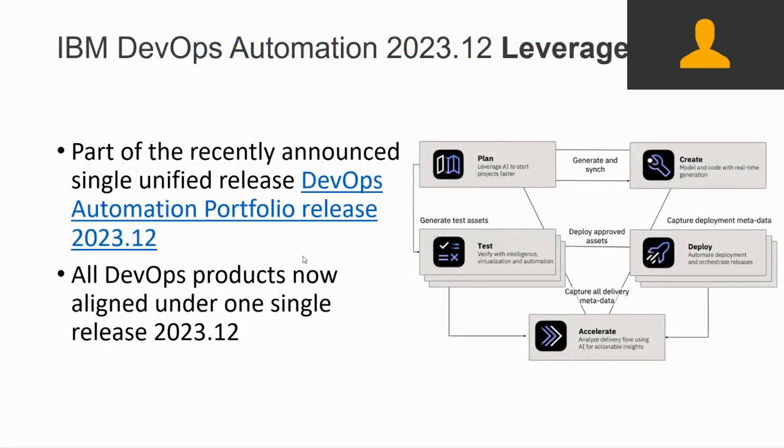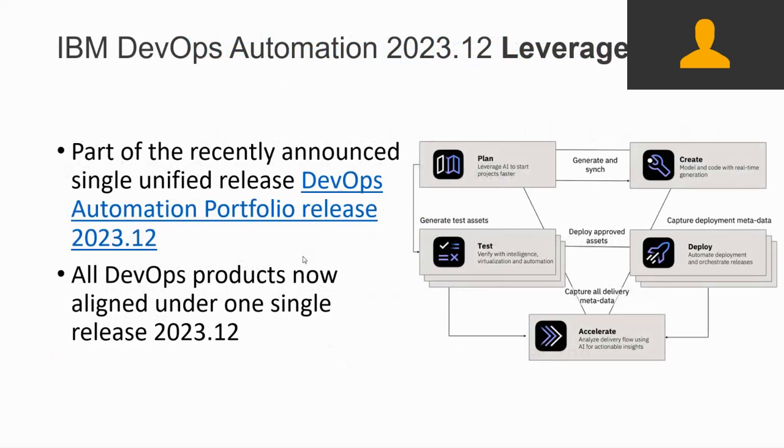So IBM DevOps Automation has created a new unified release in December 2023. We call that release 2023.12, and we will keep that naming convention. Every quarter we'll have a new version, a new release of all the DevOps automation products.